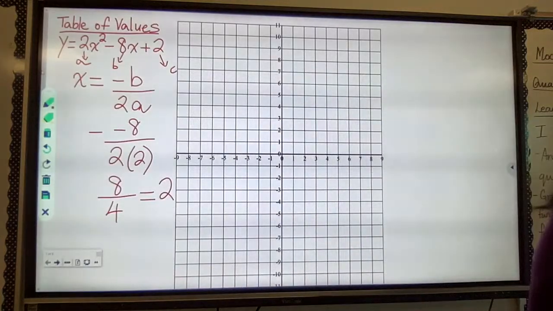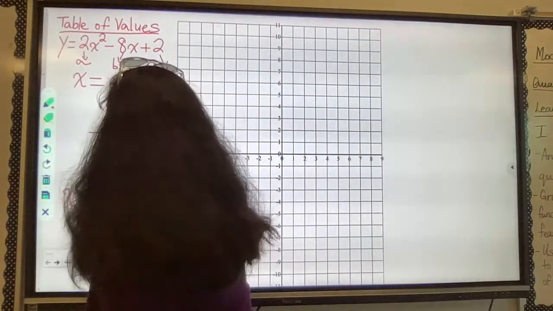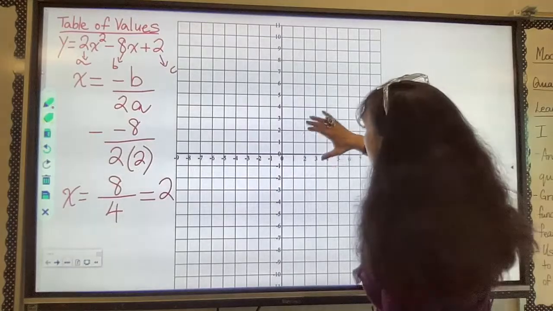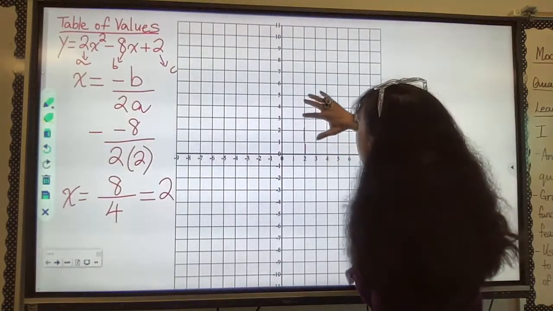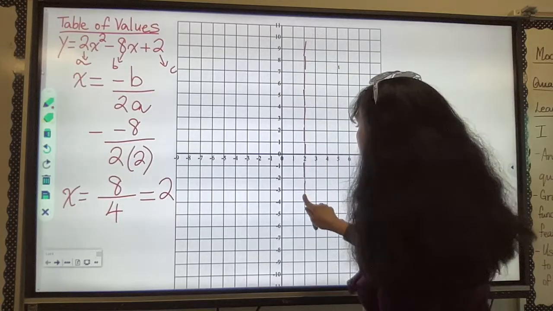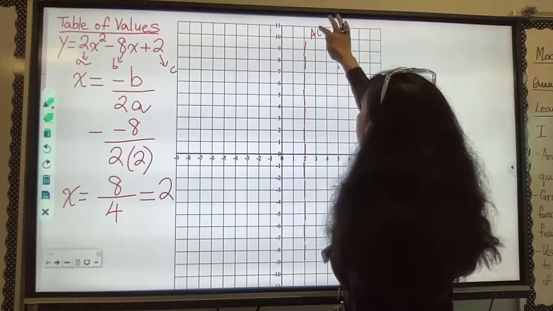So what is my axis of symmetry? This is my x is equal to 2. First thing, I will go to 2 and make my dotted line on 2. So this is my axis of symmetry.